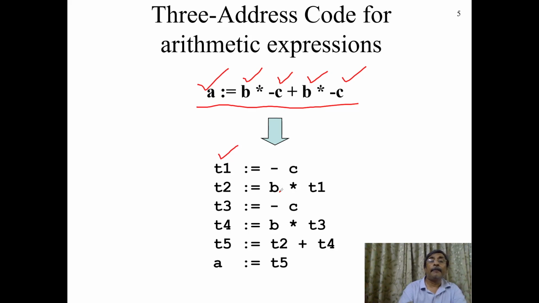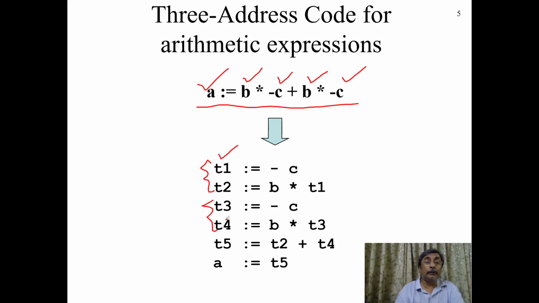Also see that T1, T2 and T3, T4 are the same thing. As I said, since this particular code will be generated by an algorithm, this is the same as this. So possibly we could simply say that T5 is T2 plus T2, right?